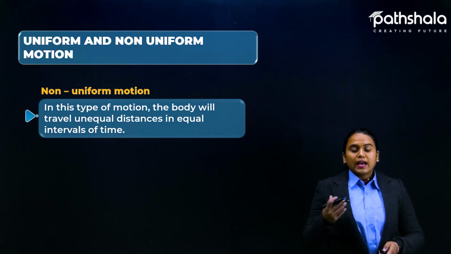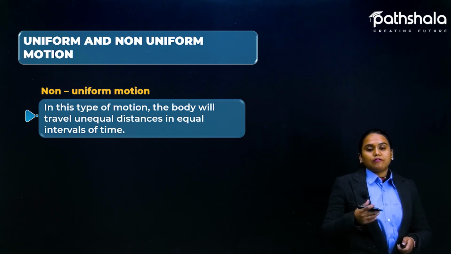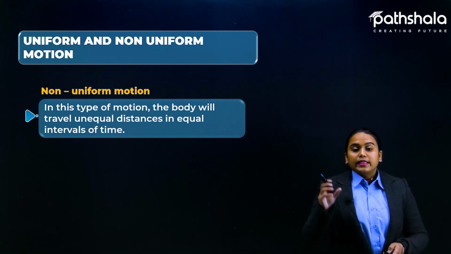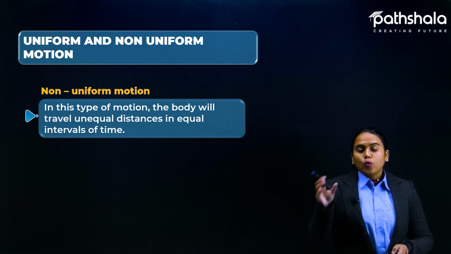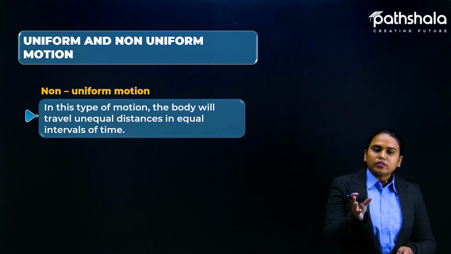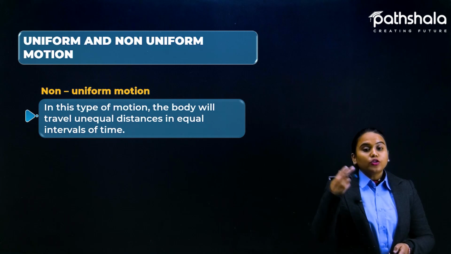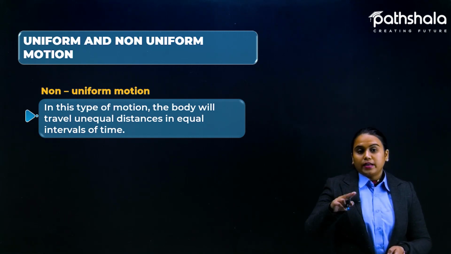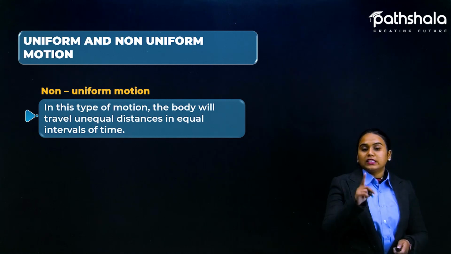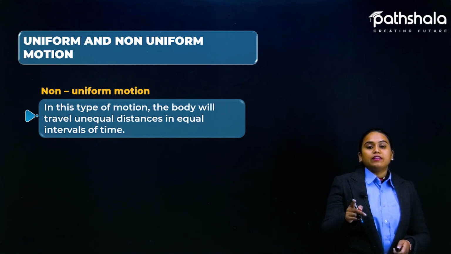Let's suppose we have a boy traveling with a certain speed. He covers 1 kilometer in 1 hour, and in the second hour he covers 2 kilometers. So we can say that the distance traveled in equal intervals of time is not equal.